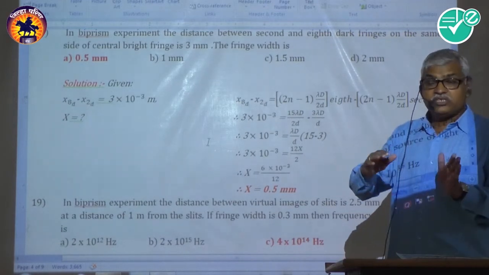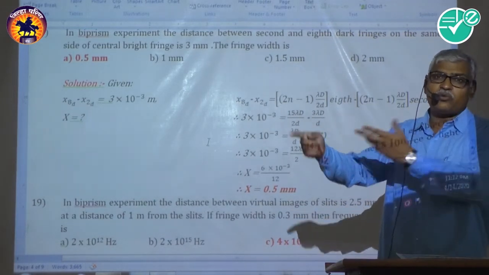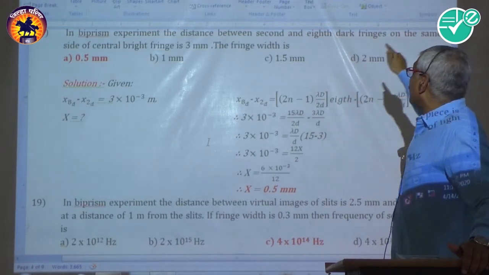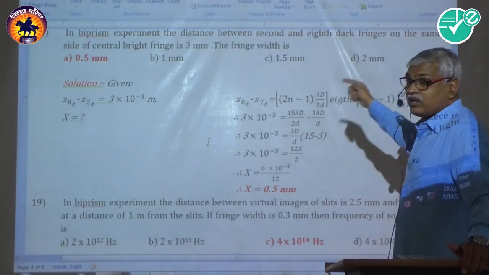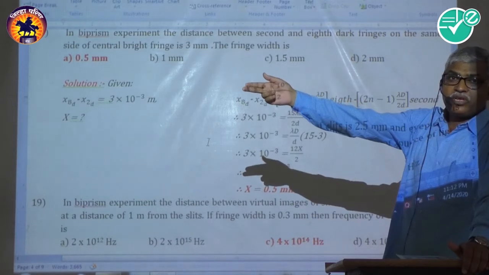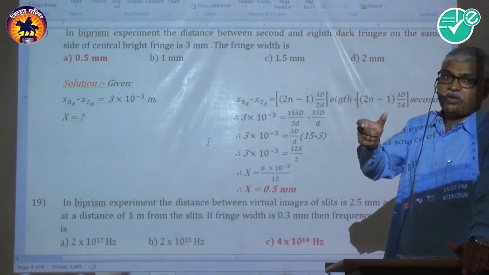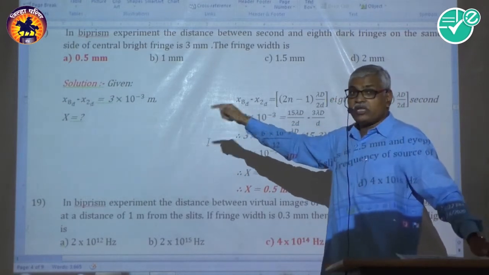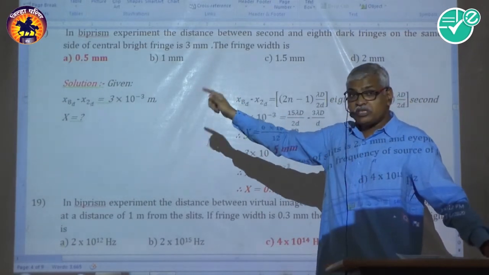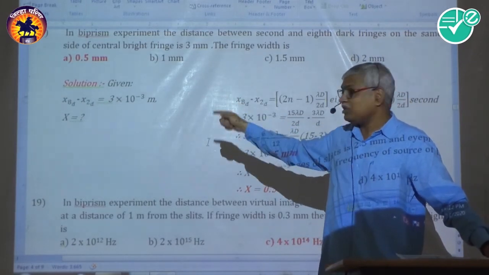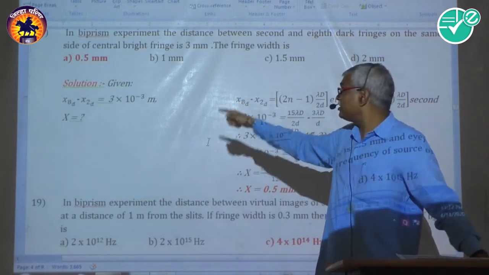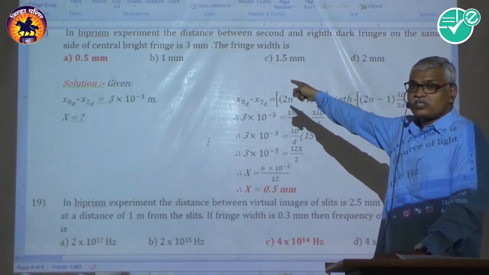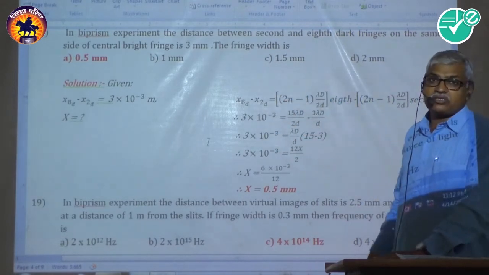If the fringe difference is asked for fringes which are on the same side, then we have to subtract the distances. The eighth dark fringe distance is large. The distance of the second dark fringe from the center point is small. Therefore, x8d minus x2d, that is, the distance of the eighth dark fringe minus the distance of the second dark fringe, is given in the problem, which is equal to 3 millimeters. That is 3 into 10 to the power minus 3 meters.